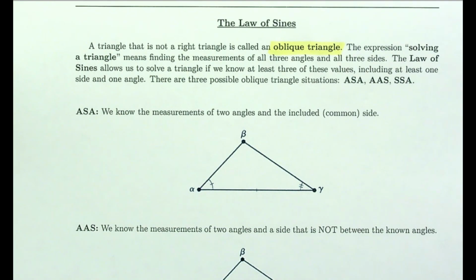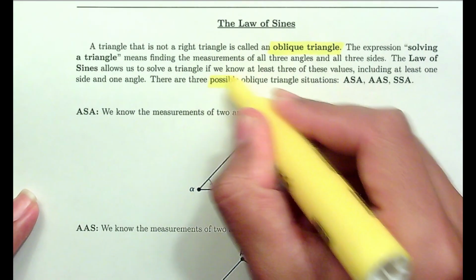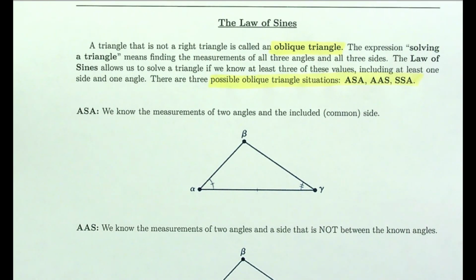The law of sines is going to help us tackle triangles that are not right triangles, and it helps us in three situations. There are actually 5 possible oblique triangle situations. The law of sines is going to tackle 3 of them. The other 2 are going to be solved using the law of cosines, which is another lesson.